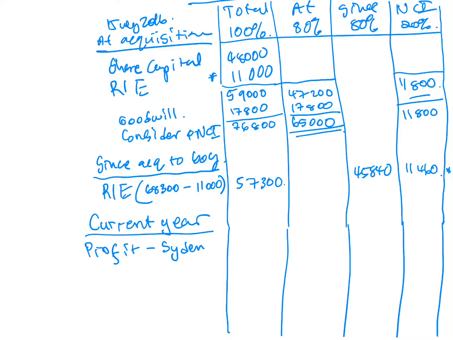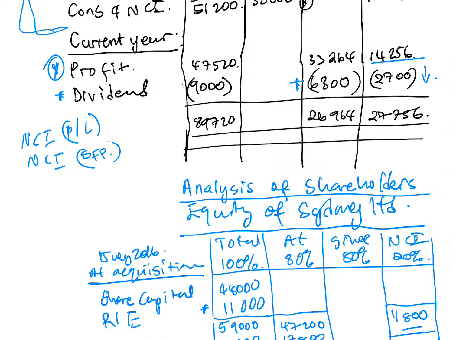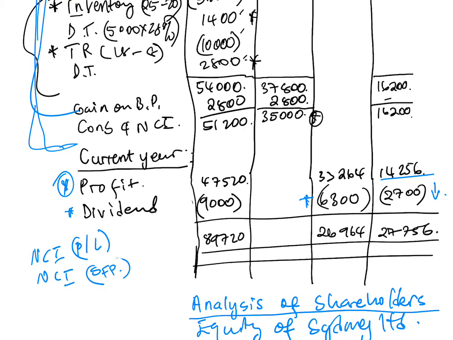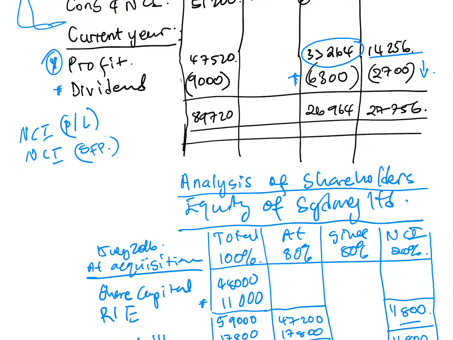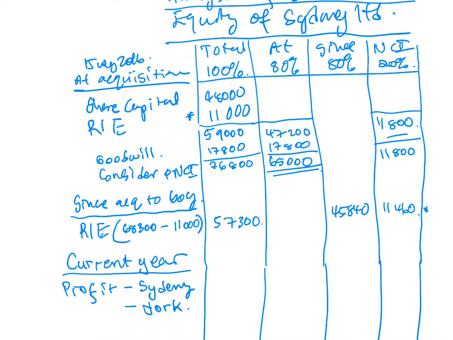Then we also have the profit of York. Now the profit of York is not a challenge because we have already taken its share from the analysis there. The current year profit is 33,264. That's the amount that is for the shareholders of Sydney Limited. So it will be 33,264. So come and put my 33,264.